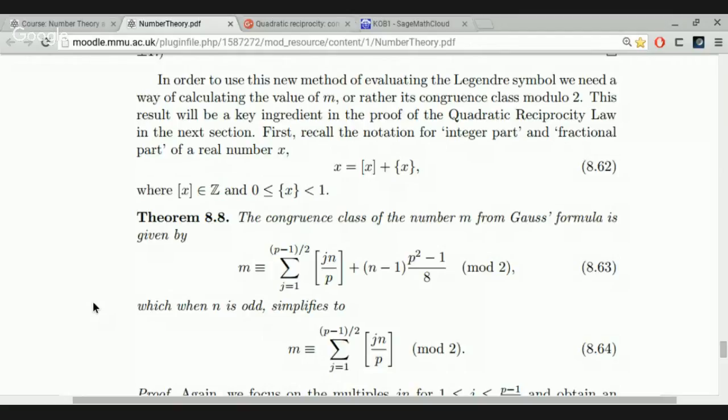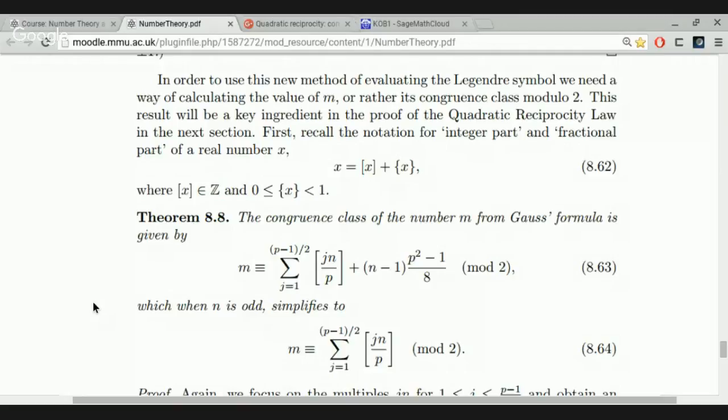If it comes out as 1 modulo 2, it's an odd number. So knowing whether m is even or odd is the same as knowing the congruence class of m modulo 2. So this result is coming up with a formula for calculating m modulo 2.